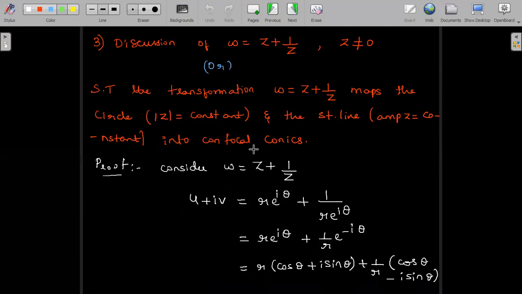The circle with constant radius in the Z plane maps onto an ellipse in the W plane, and the straight line passing through the origin in the Z plane maps onto a hyperbola in the W plane. Since both these conics, ellipse and hyperbola, have the same foci independent of r comma theta, which are 2 comma 0 and minus 2 comma 0, they are regarded as confocal conics.